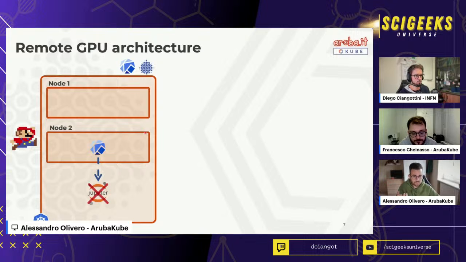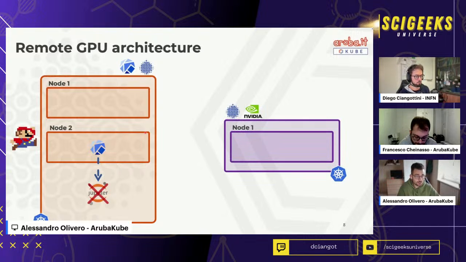So this Jupyter notebook that we will create, requiring GPUs, will be a pending pod because we don't have GPU nodes in our cluster. In our setup, we also have a second cluster, this violet cluster, that again for this demo we are using an Aruba GPU server.